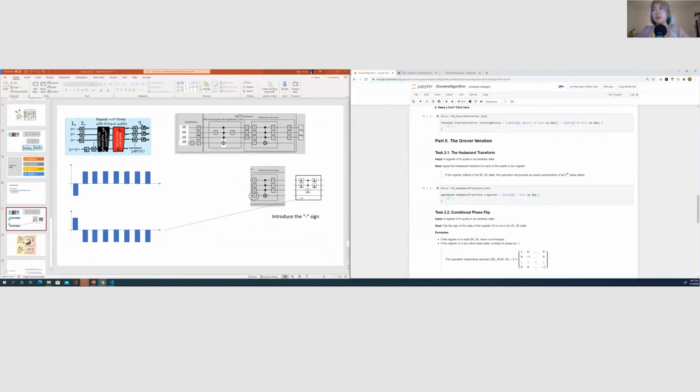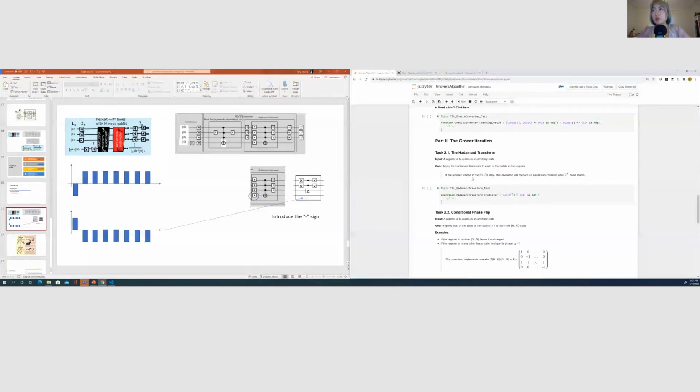Now it's asking to do the Hadamard transformation. So this part of the algorithm here is the flip over the mean. This is asking to build using the n qubits, our register qubits, so all of the top ones, and apply the Hadamard transformation to each of the qubits in the register.